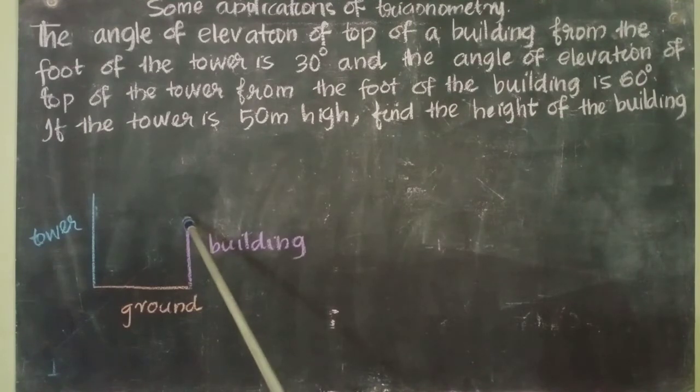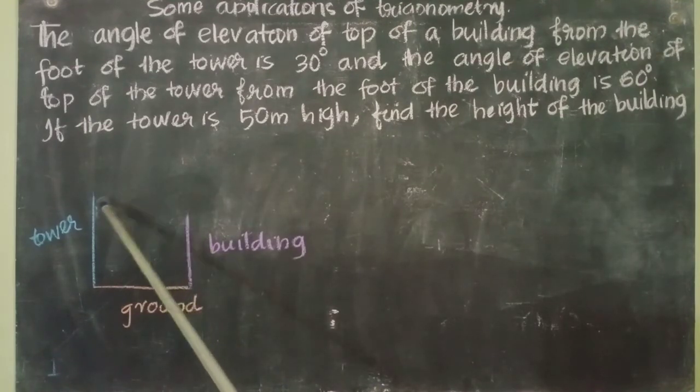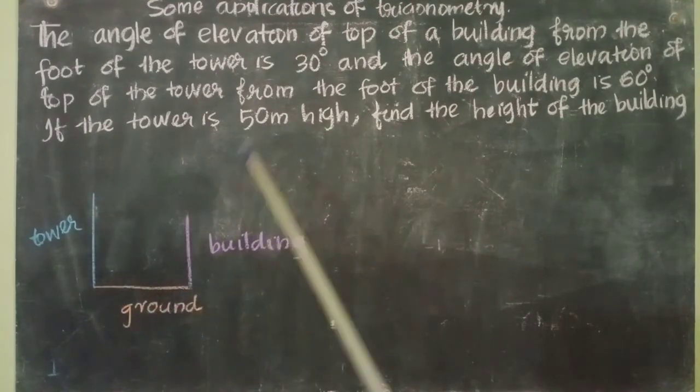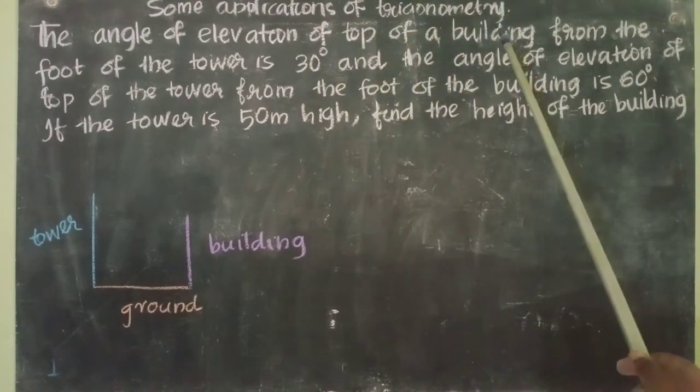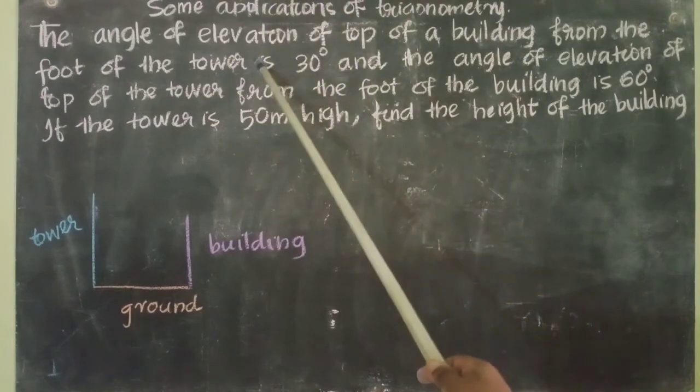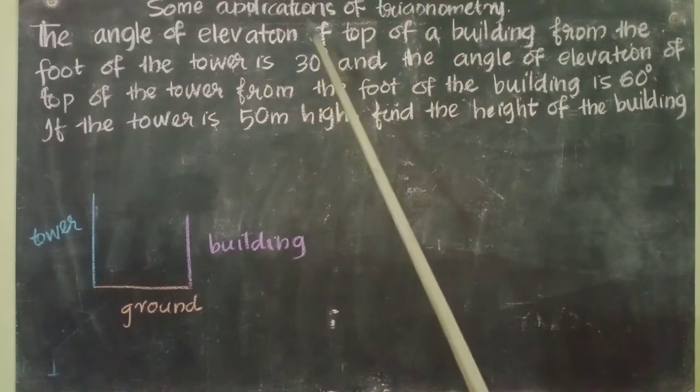So, there is a building and a tower. The angle of elevation of the top of the building from the foot of the tower is 30 degrees.